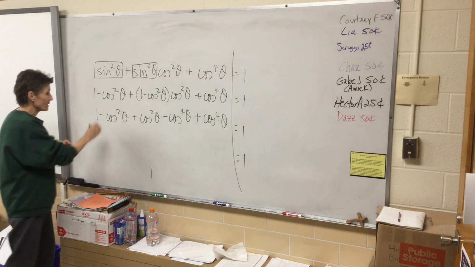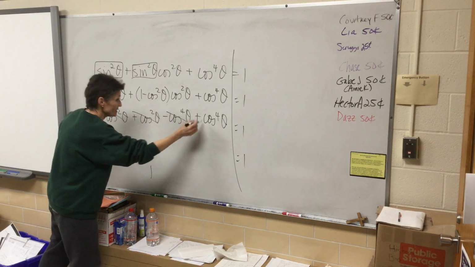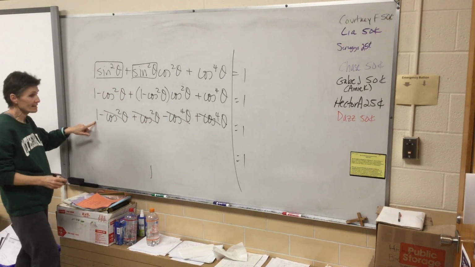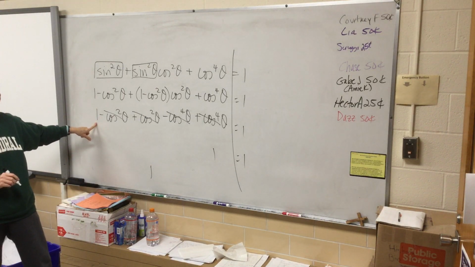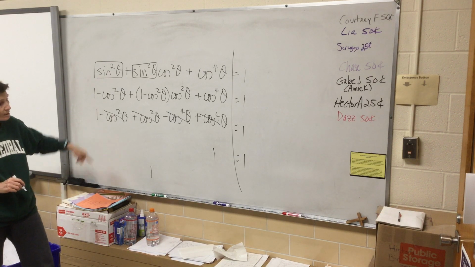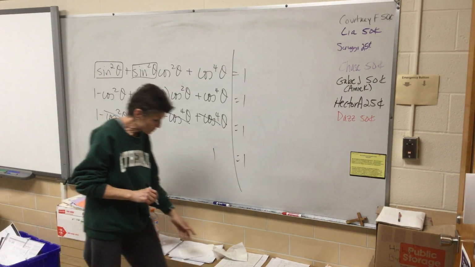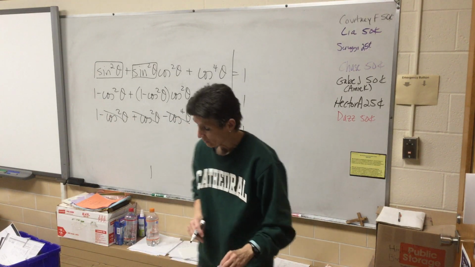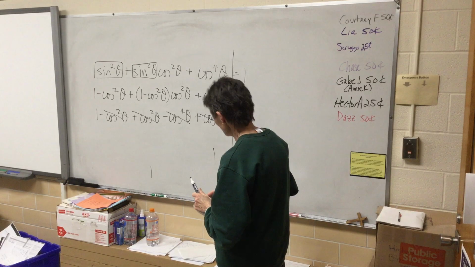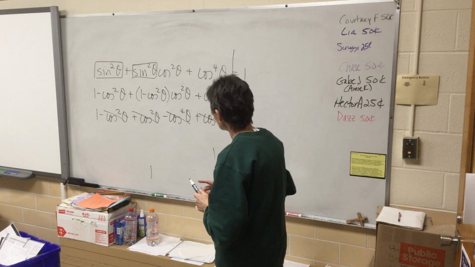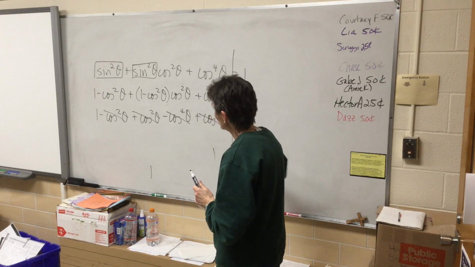Yep, because these cancel, and these cancel, and the only thing left is 1, which is exactly what we wanted to have left. So great strategy, absolutely wonderful. Get it all changed into the same function so that it can cancel out and leave you with what you wanted.